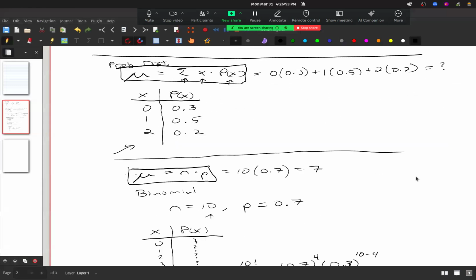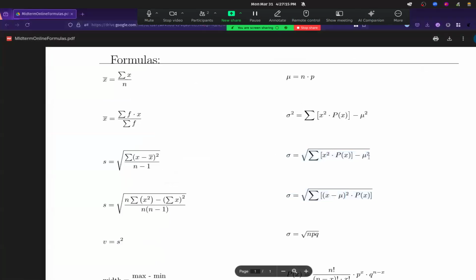Like these two problems here, we could calculate the standard deviation of some probability distribution like this if we use either of those two formulas. In both cases, you have to get the mean first.